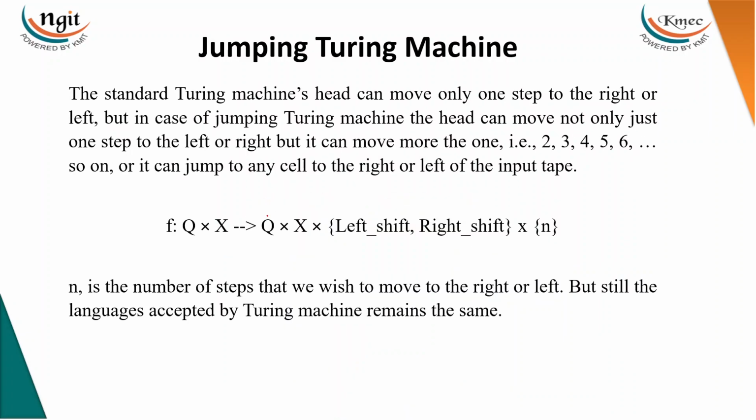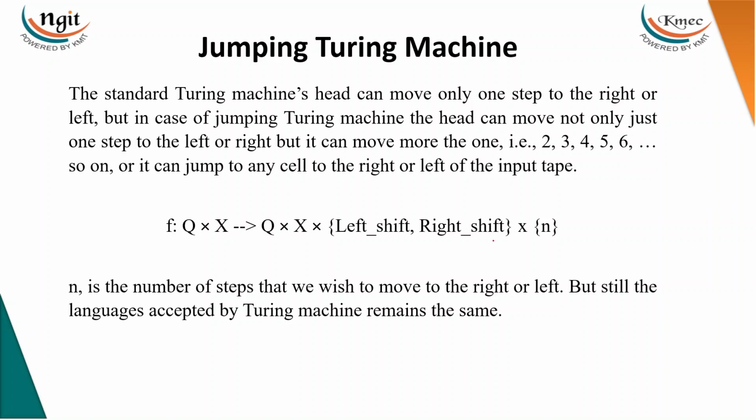And let me go with the jumping Turing machine. In the earlier case, we have just moved left one cell, right one cell, or we have stayed. But sometimes you have to jump from the current cell directly some n cells, right? That is also possible with the jumping Turing machines.